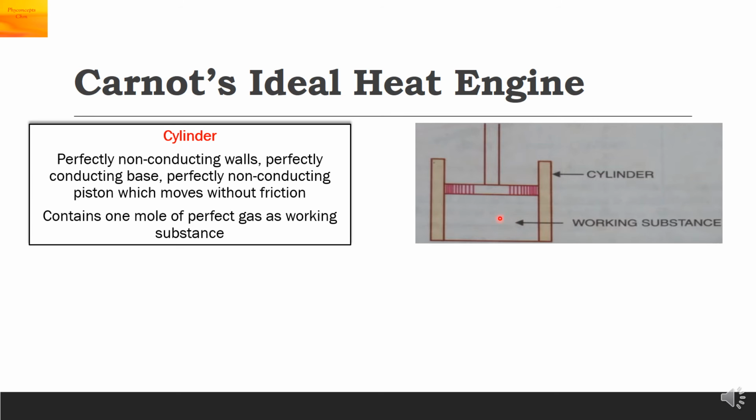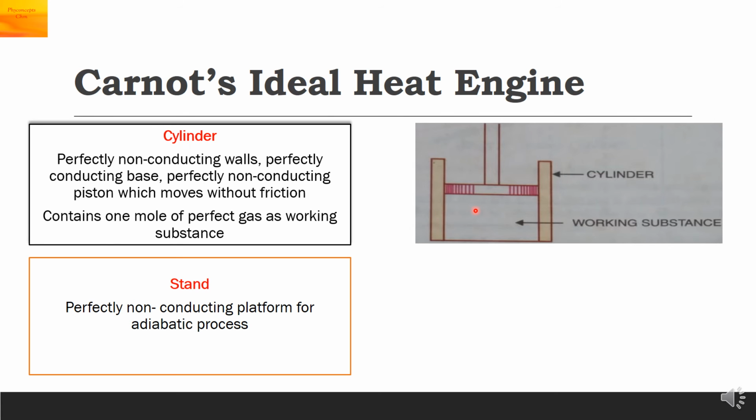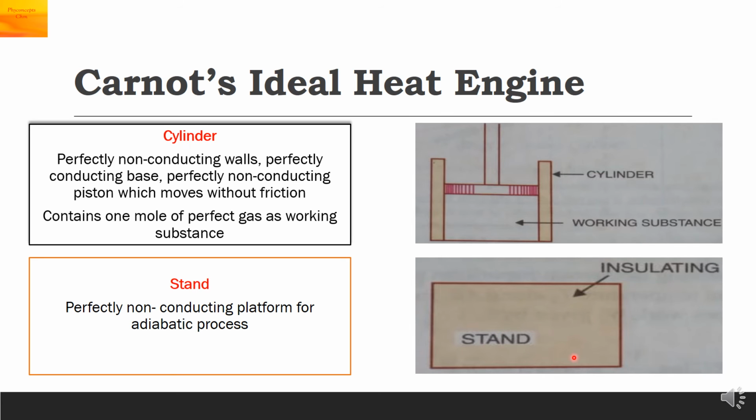It contains 1 mole of perfect gas as the working substance. Second is the stand. The stand is a non-conducting platform normally used for the adiabatic processes where there is no exchange of heat between the working substance and the surroundings.